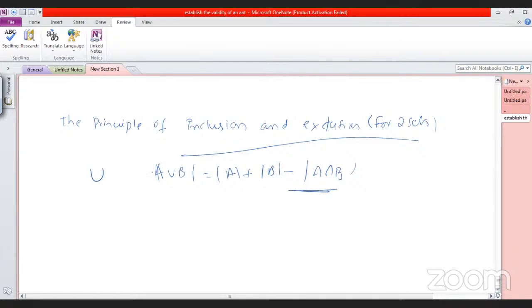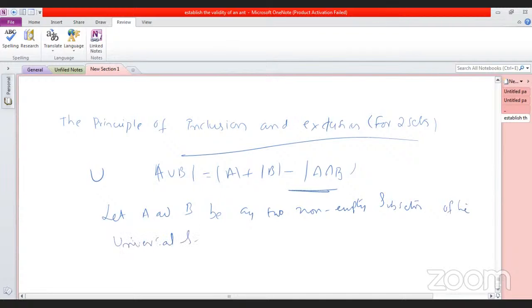Let A and B be any two non-empty subsets of the universal set U. Then the union and intersection of the sets A and B can be represented by a Venn diagram.